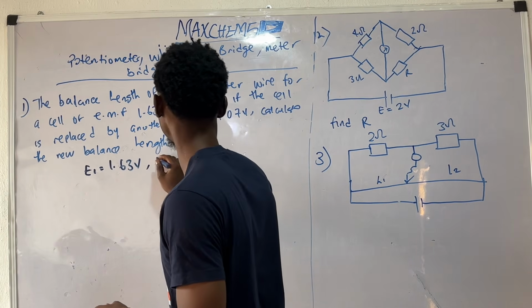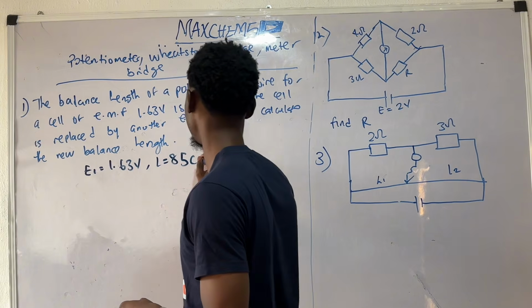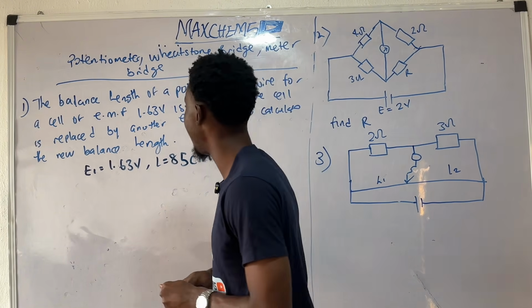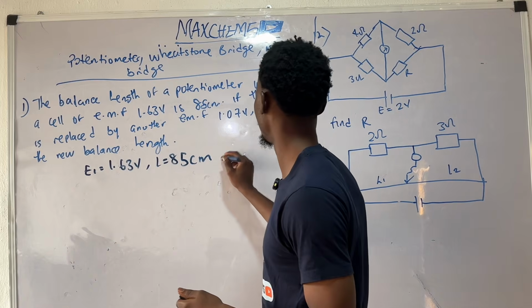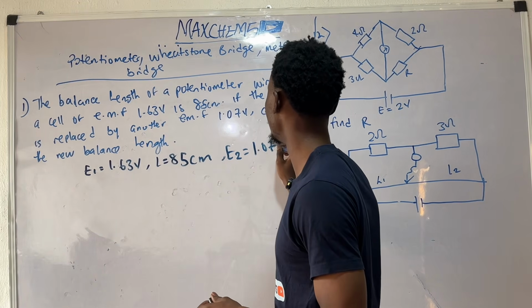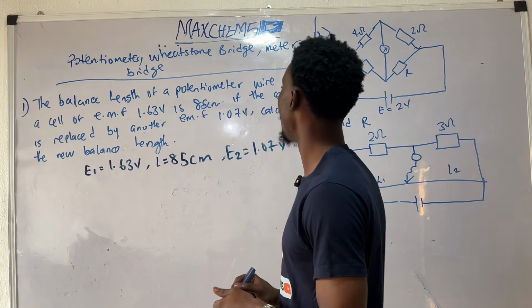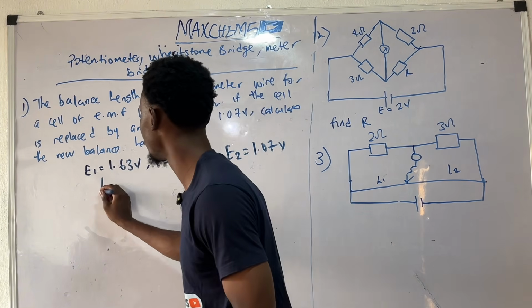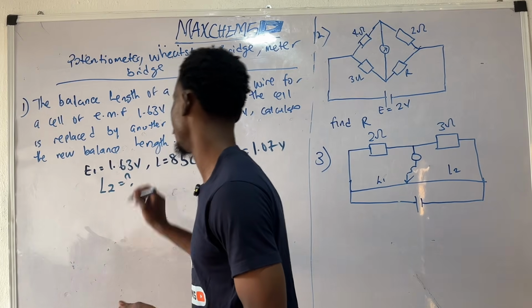So we have the length as 85 centimeter. What next? If the cell is replaced by another EMF, the next EMF will be called E2, 1.07 volts, calculate the new balanced length. So they want us to find L2.